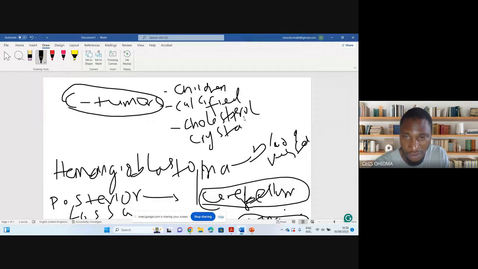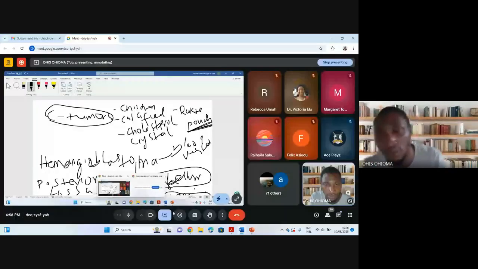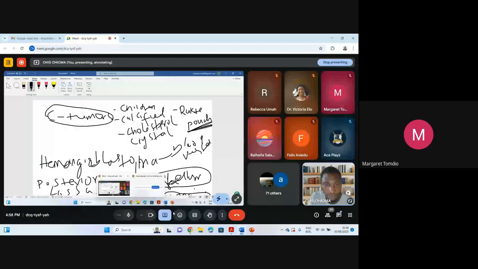I'm not going to take my time and say a lot of unnecessary things you don't need for the exam. So these are the C's. And then the next thing you need to know is the derivation. It's derived from what we call Rathke's pouch, right? Does anybody know what Rathke's pouch is? The remnants of... anybody?